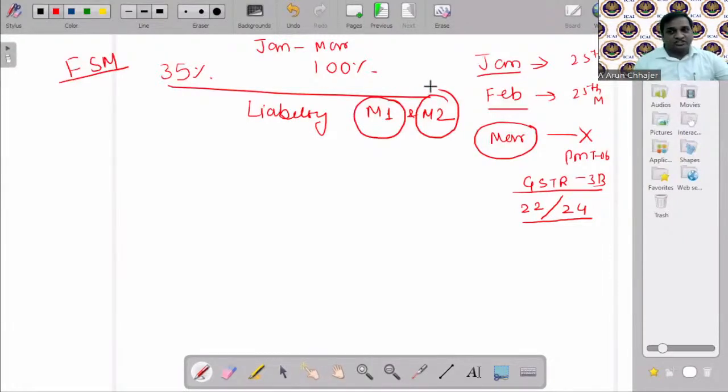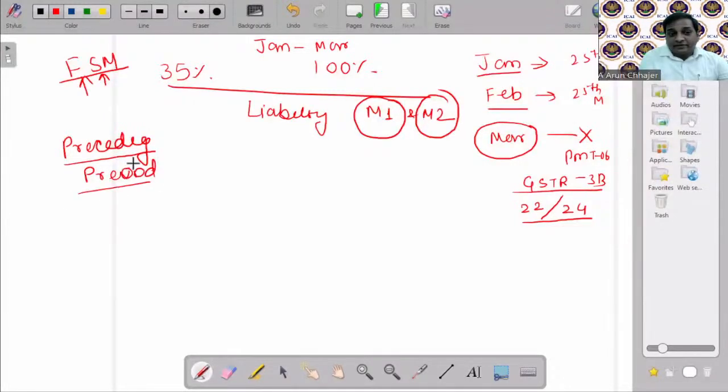There is no change because it is not based on your actual liability. It is based on, now I am going into the technicality, the preceding period tax liability.